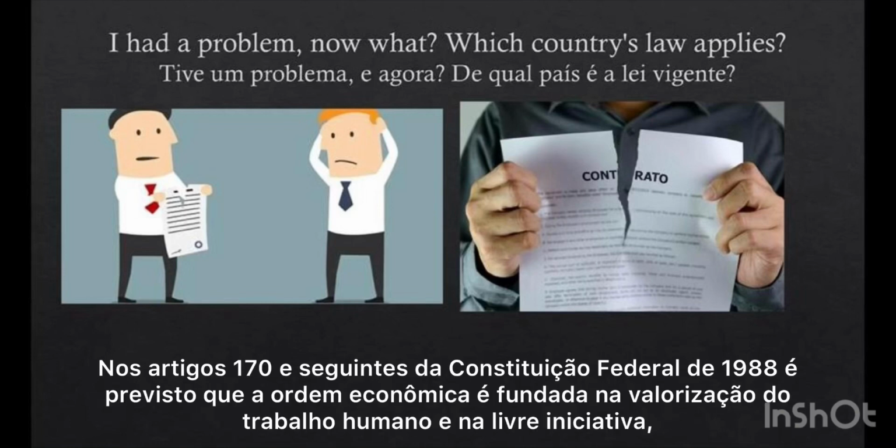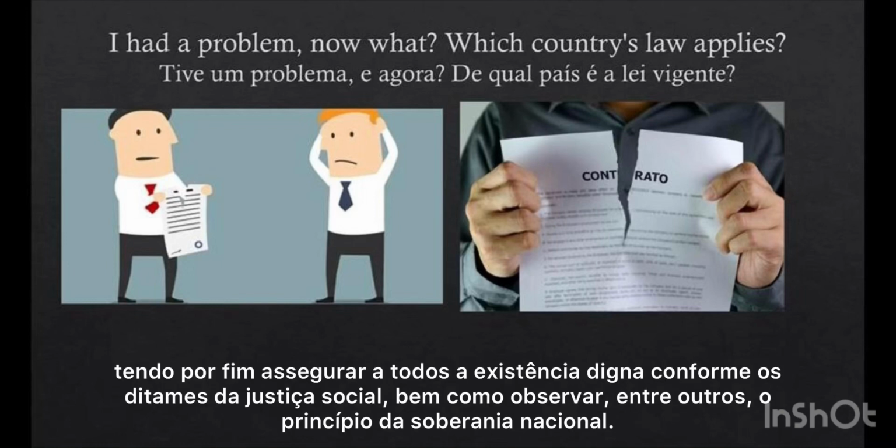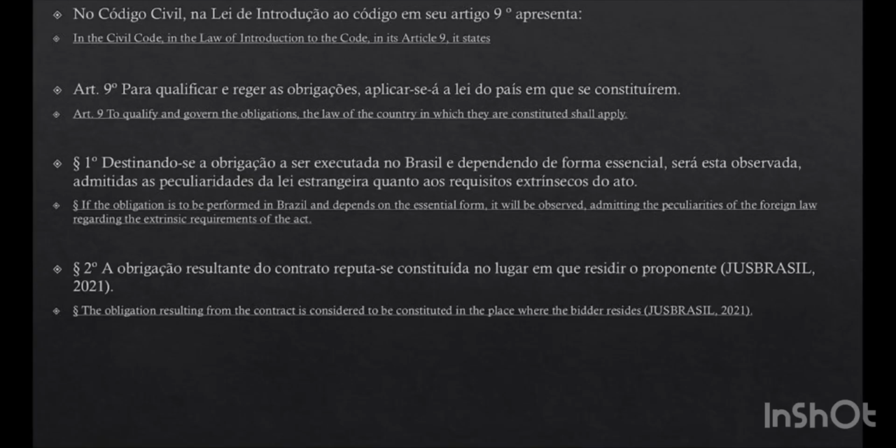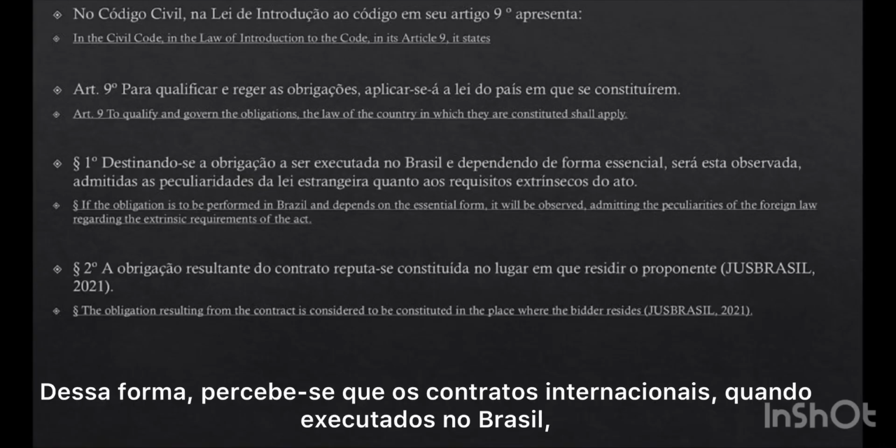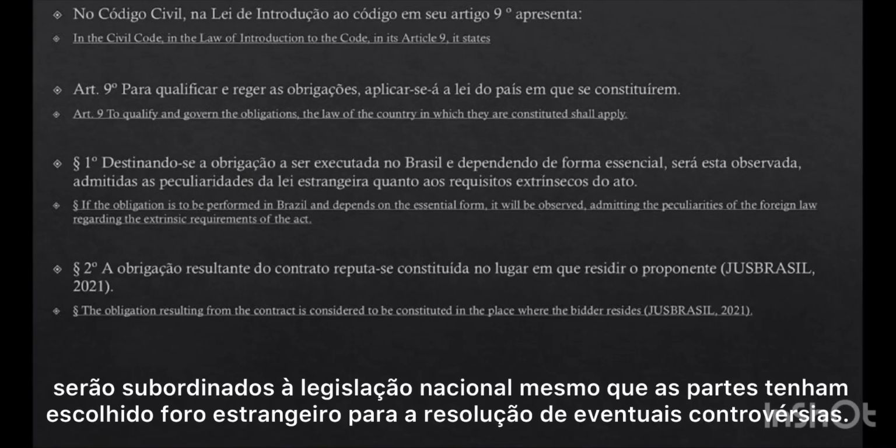Articles of the Federal Constitution provide that the economic order is founded on the valorization of human labor and free enterprise, with the purpose of assuring to all a dignified existence in accordance with the traits of social justice, as well as observing, among others, the principle of national sovereignty.